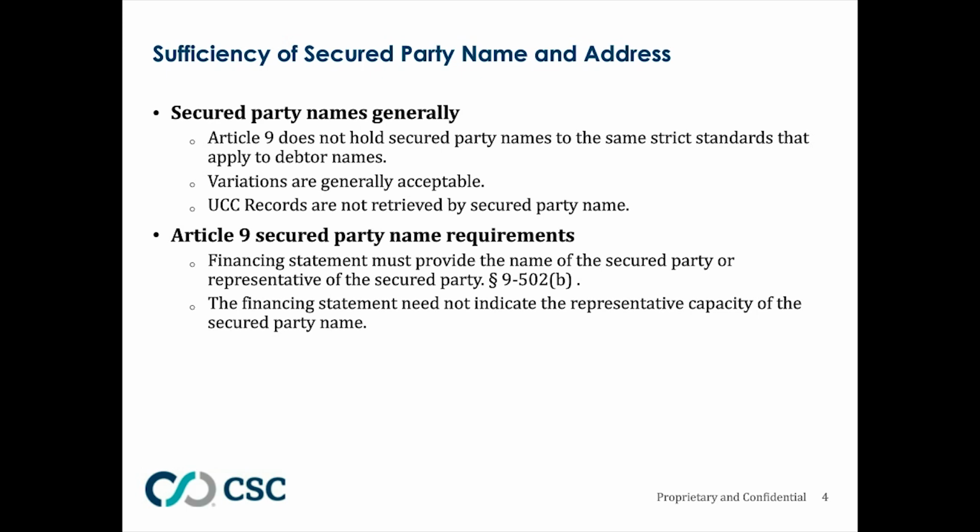So in summary, what it all adds up to is that as long as the secured party can be reached through the name and the address that are provided on the financing statement, that's generally enough to satisfy the Article 9 requirements.